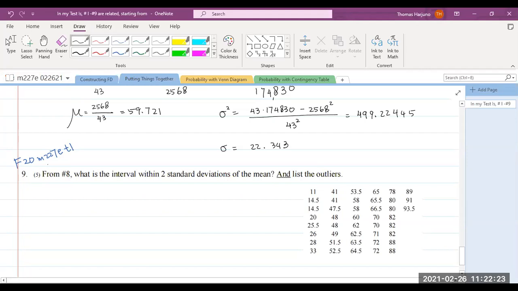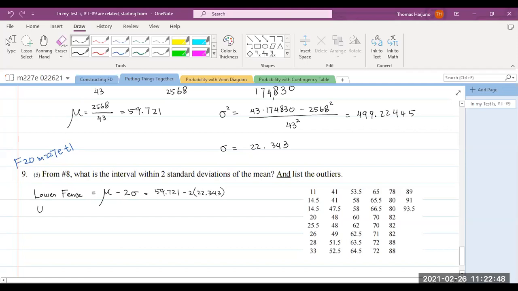I hope you remember how to do this, but let me just do it. The lower fence, or lower bound, is the mean minus twice the standard deviation: 59.721 minus 2 times 22.343.